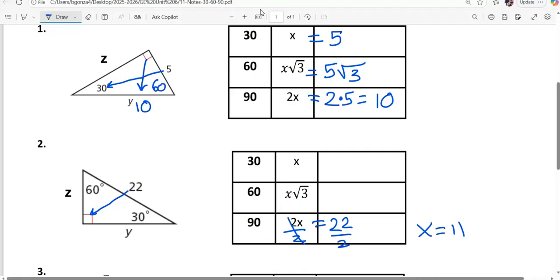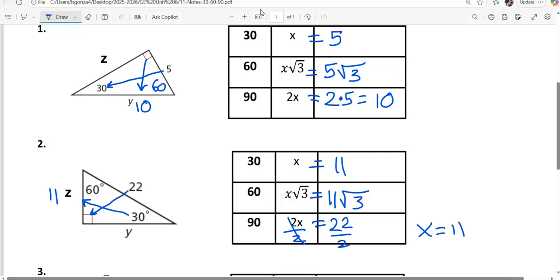Now that's going to go where I see x. X is 11. That's across from the 30. Okay. And then last step. Across from 60 is x square root of 3. X is 11. So 11 square root of 3. You leave it like that.